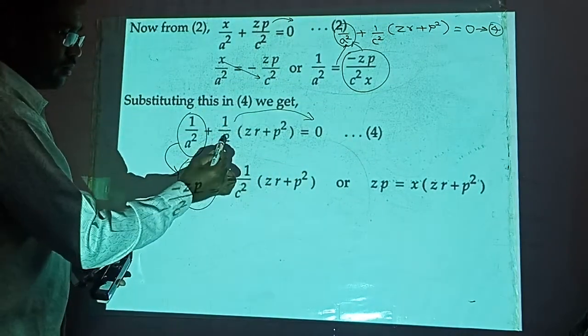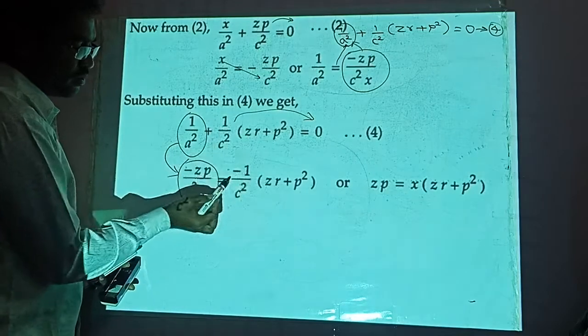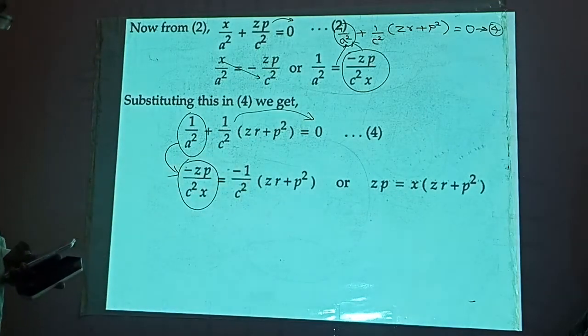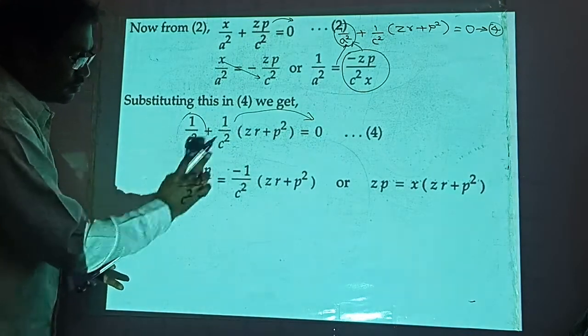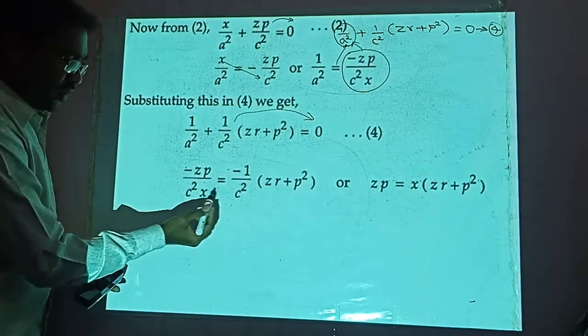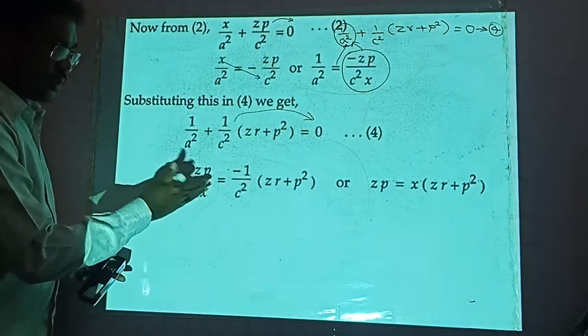To the RHS, it becomes minus 1 by c square into this, right? Now to this, it is very easy to eliminate c square here itself.